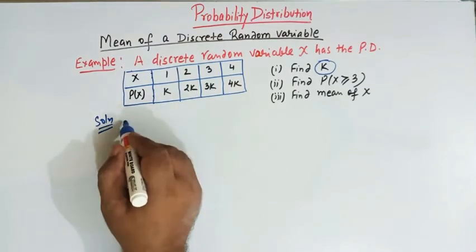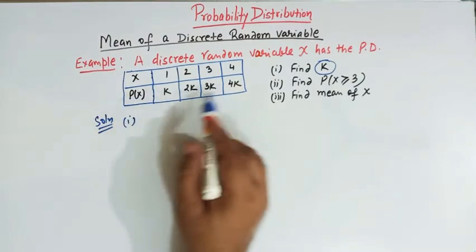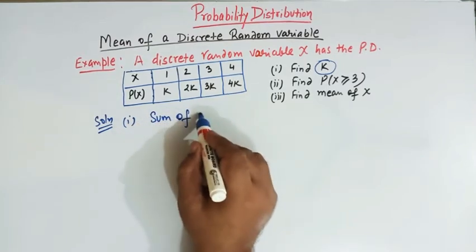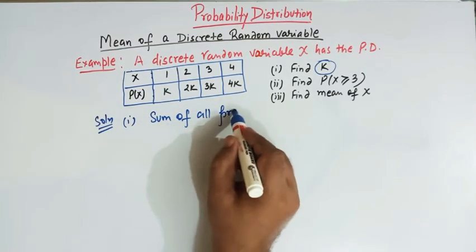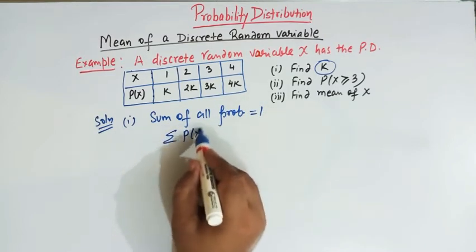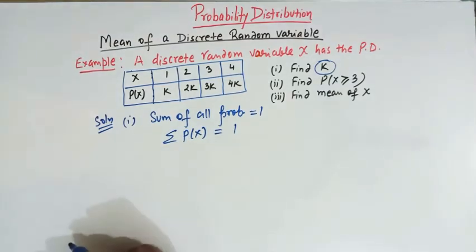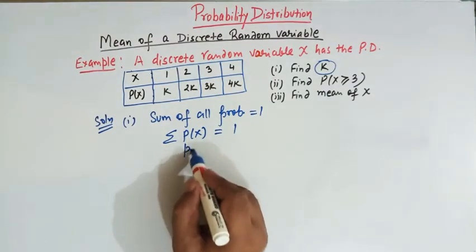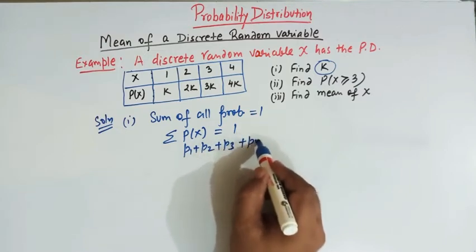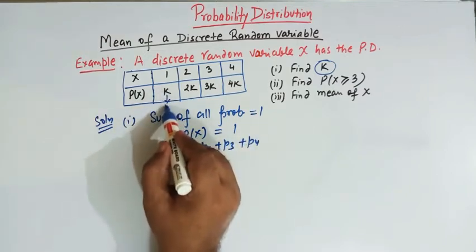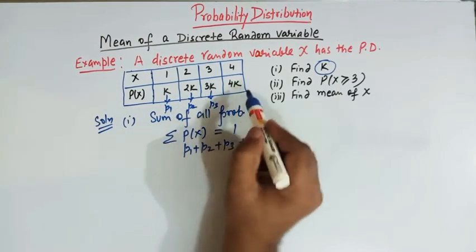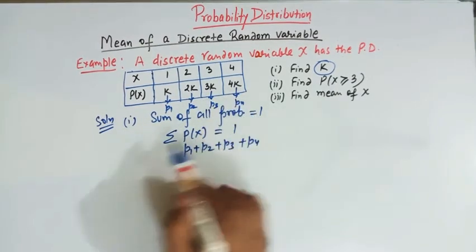So we know that the sum of all probabilities should be equal to 1, which can be written as sigma px is equal to 1. It means p1 plus p2 plus p3 plus p4, if we take this as p1, this as p2, this as p3, and this as p4, right?